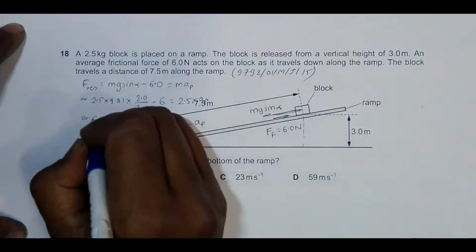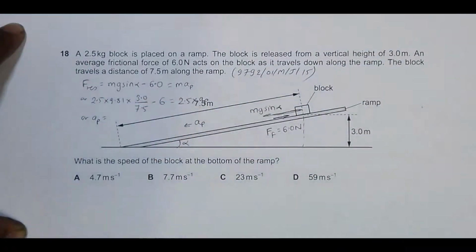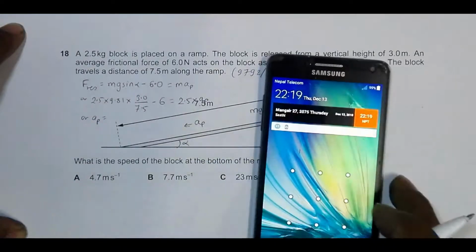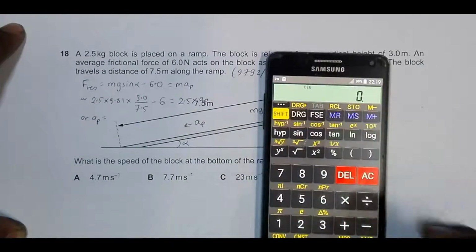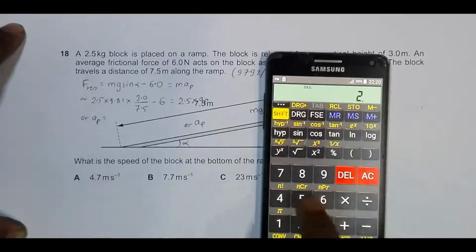So this gives me AP is equal to, let me do the calculations here. I have 2.5 into 9.81 into 3 divided by 7.5, and this minus 6 equal to 3.81.